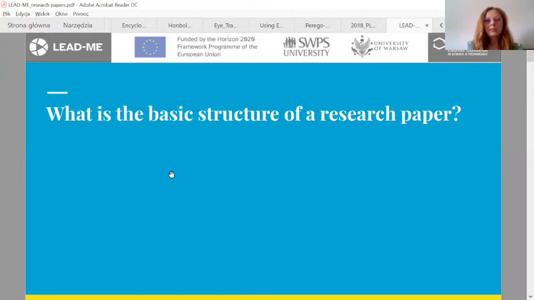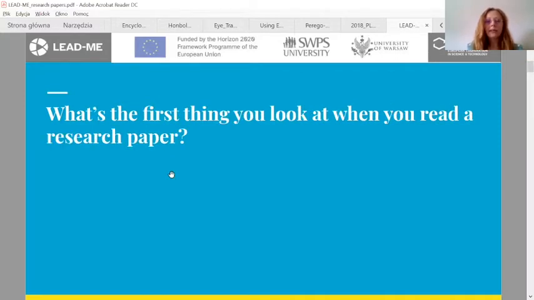Okay, so we already know that each paper should have more or less a given structure. So if, for example, we're looking for research papers on a given topic we're interested in, what's the first thing we look at? We're Googling by some keyword, and what's the first thing we look at when we open the paper?